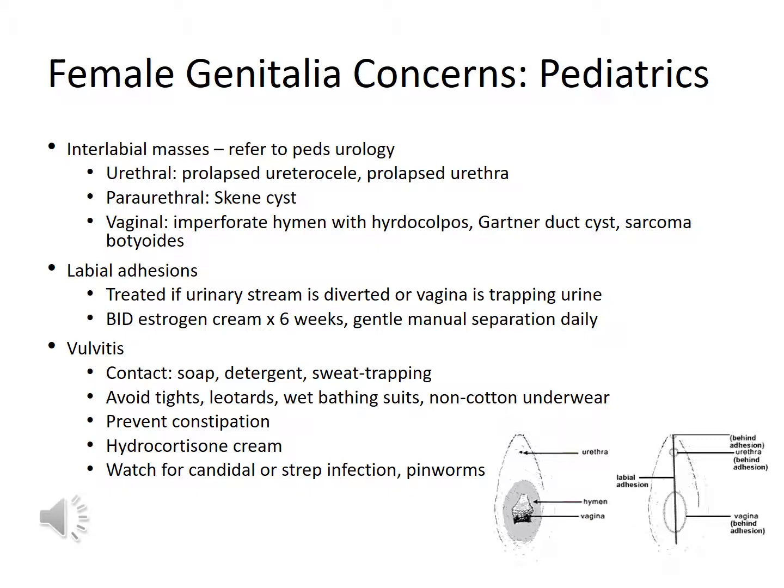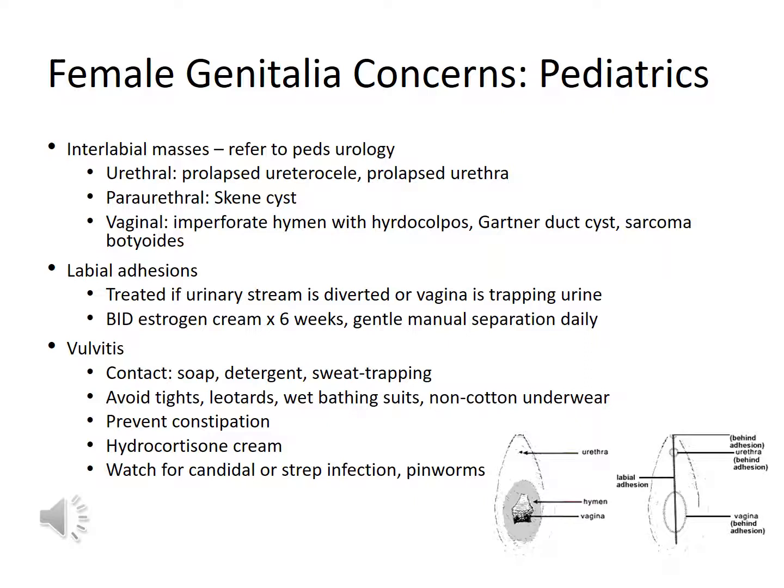Vulvitis is inflammation of the vulva, and that can occur from contact with soaps, detergents, and sweat. So you want to make sure that you're educating the patient's family and parents to avoid tights, leotards, and prolonged wet bathing suits, and to have them wear cotton underwear.